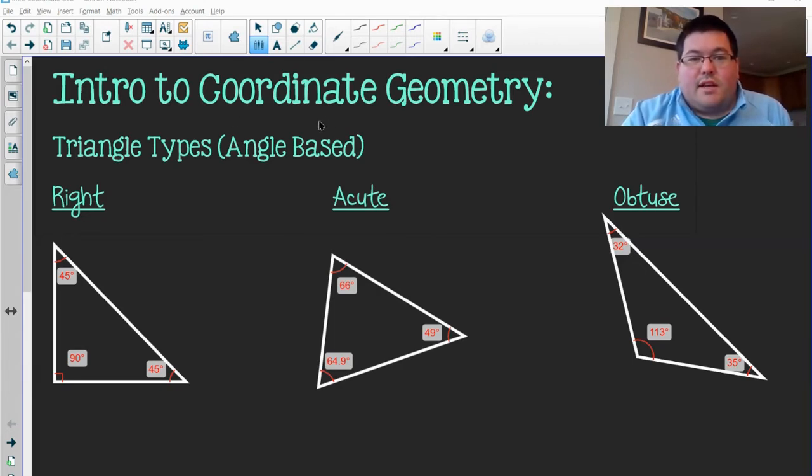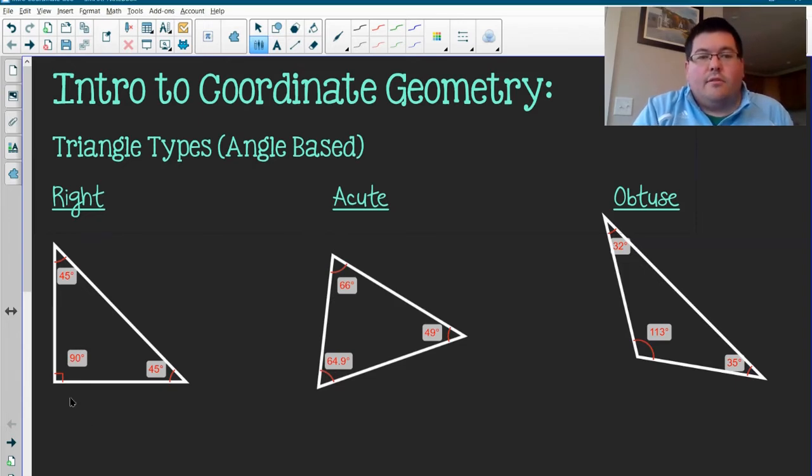And the first set of vocab we're going to look at are angle-based vocabularies. First one here, you'll notice we have the right triangle. Right triangle, very creatively named again, because it possesses one right angle, right?